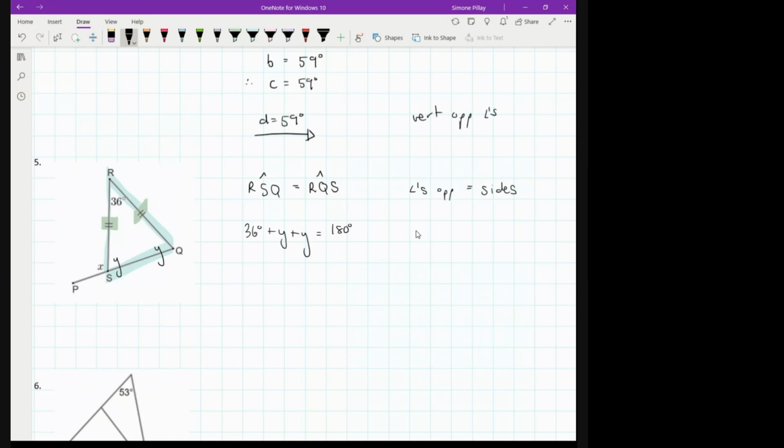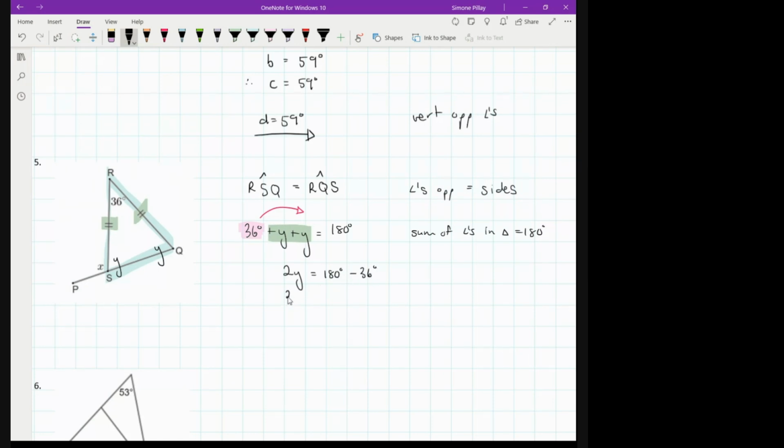Interior angles of a triangle are equal to 180 degrees. 100%, sum of angles in a triangle equal 180. Yep, and then we will say 2y equals 180 minus 36. We're going to put 36 behind 180.